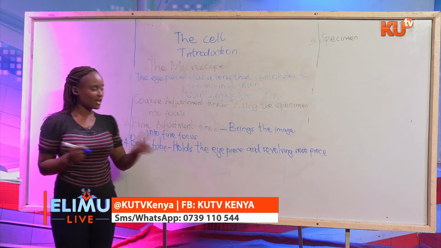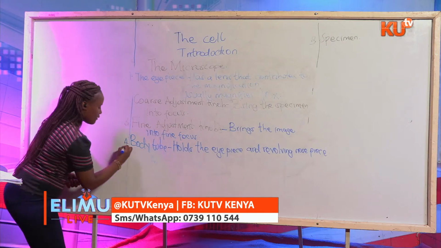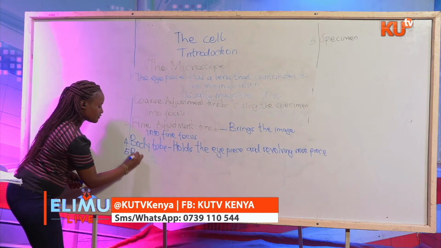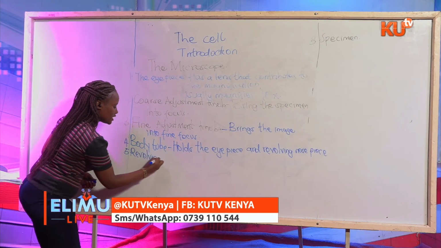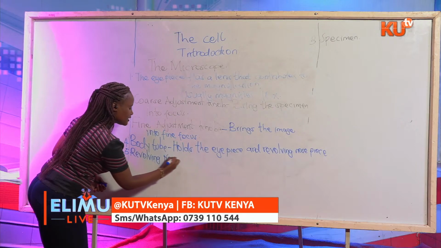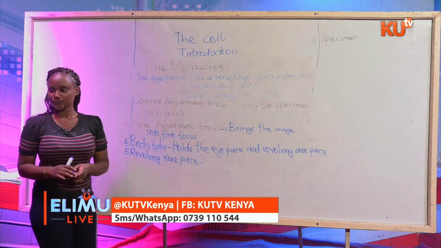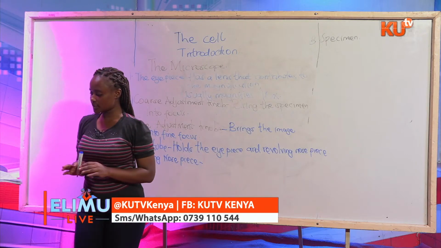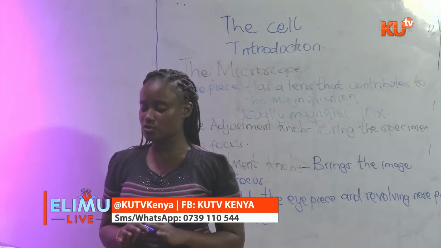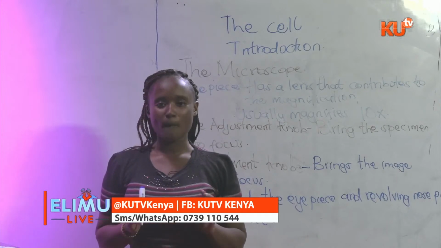And then we have the revolving nose piece. Our fifth one, revolving nose piece. It holds and brings objective lenses into position.